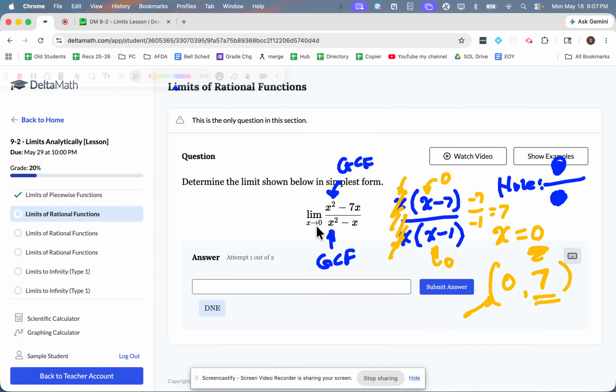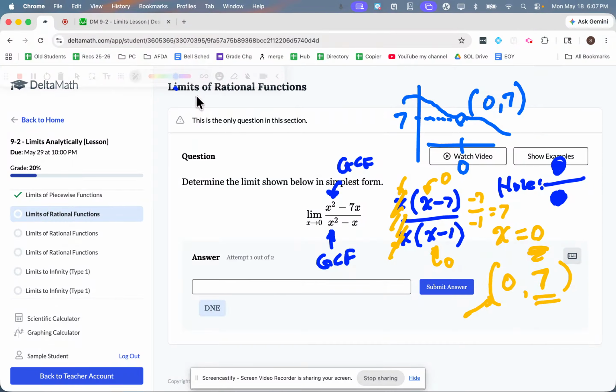Well, what's the question? What is the limit as x approaches 0 of this function? Well, we just kind of have defined it. We're saying that as this rational function approaches an x of 0, there's going to be a hole. And we have actually figured out that the y of the hole is 7, because we found the coordinates of the hole.